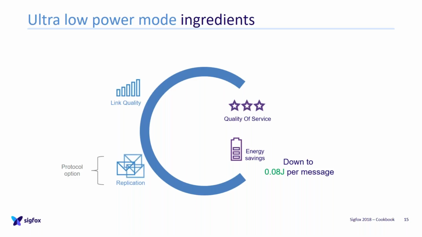The energy savings in this case are about 60%. So you divide your energy budget by a factor of 3. It goes down to 80 millijoules per message in that case.